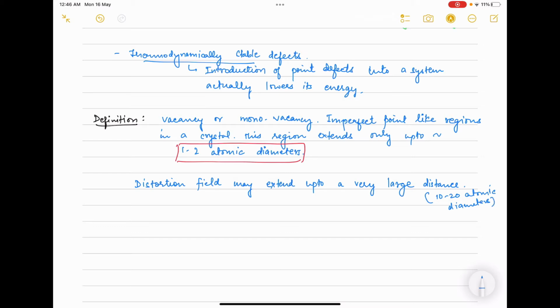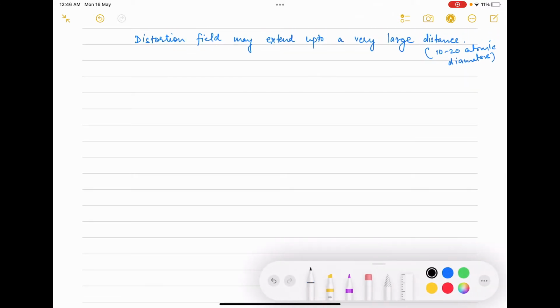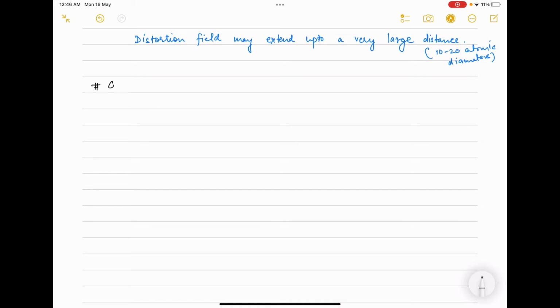Okay, so let us see how these point defects are generated. So this is just an overview. We can go into detail about each one of them in a later video.